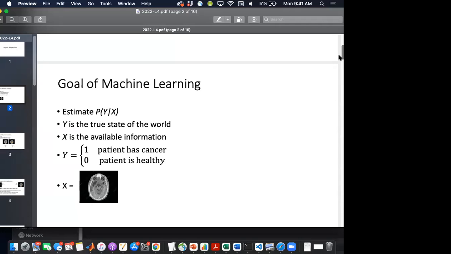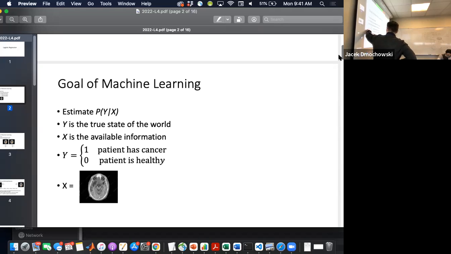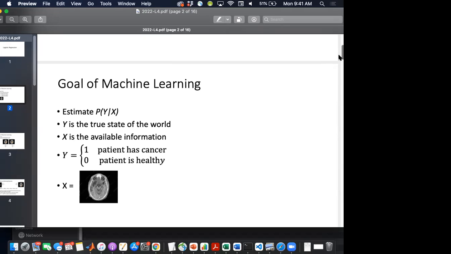So in the brain scan example, our target variable is a decision on the health of the patient: either the patient has a brain tumor or the patient does not. And our input was, let's say, some MRI scan of the brain.